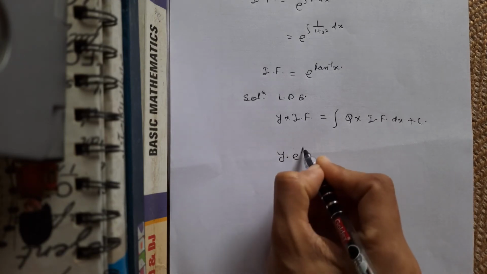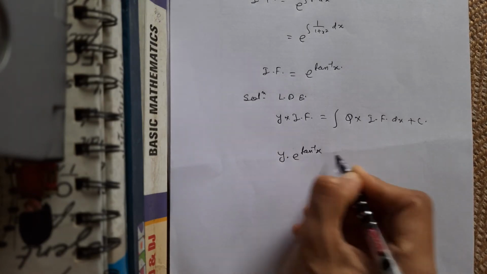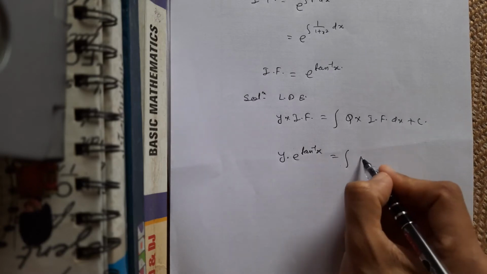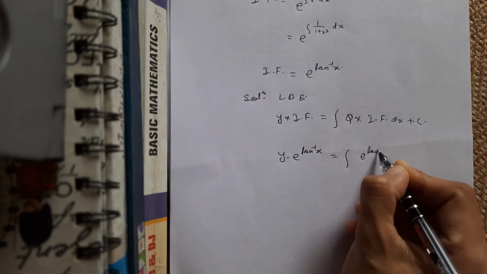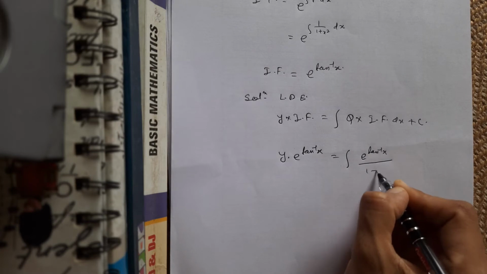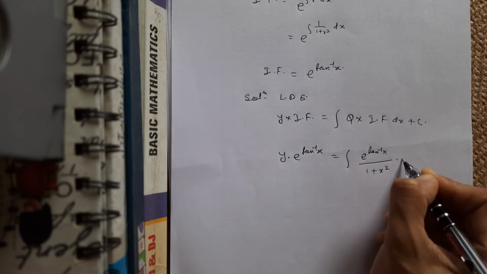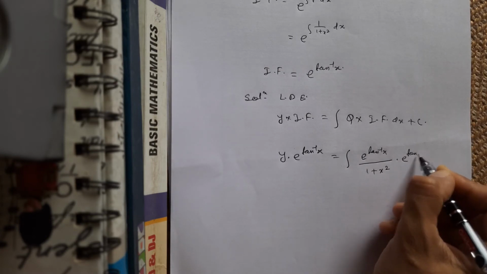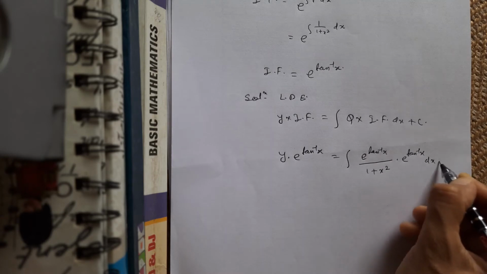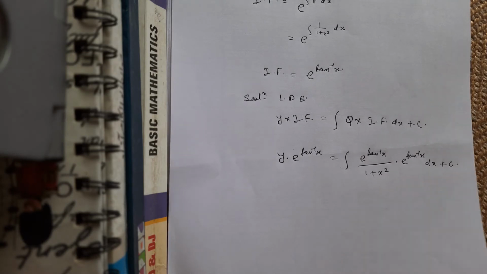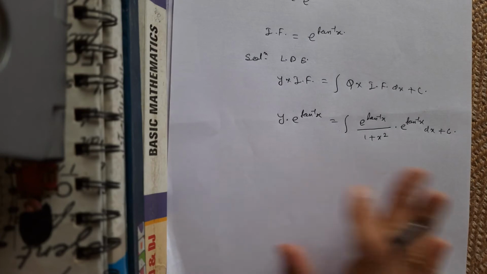So just substitute the values here. y e to the power tan inverse x equals integration, my q is e to the power tan inverse x upon 1 plus x square into e to the power tan inverse x dx plus C. That's the solution.